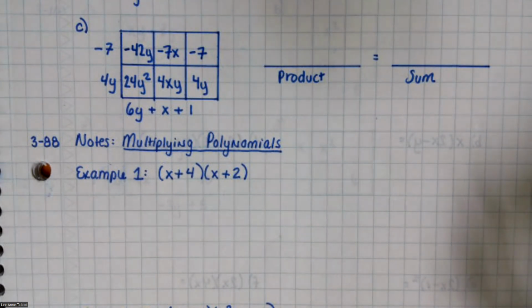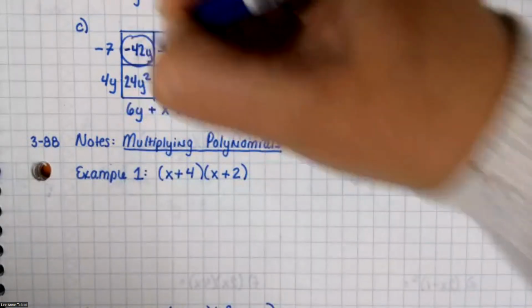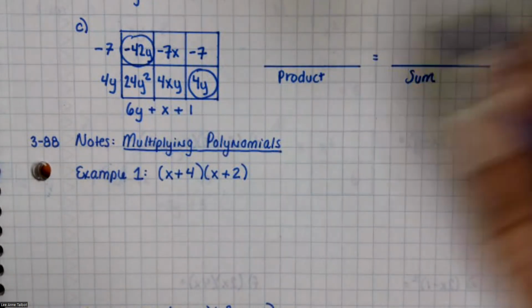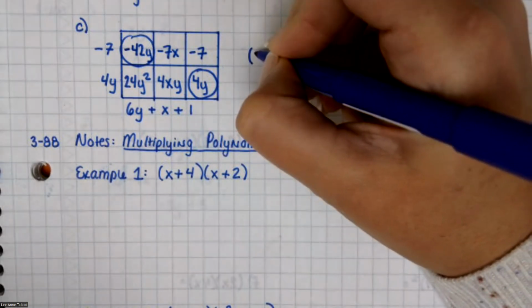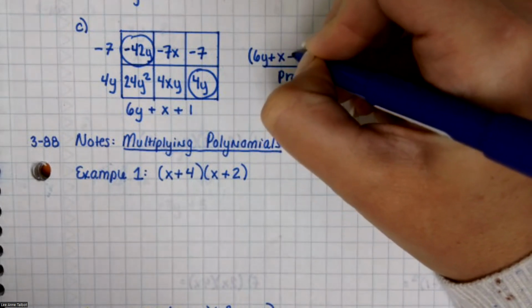Okay, next thing I'm going to do is look for any like terms. Do you see like terms? This one and this one. Okay, so product. 6y plus x plus 1.